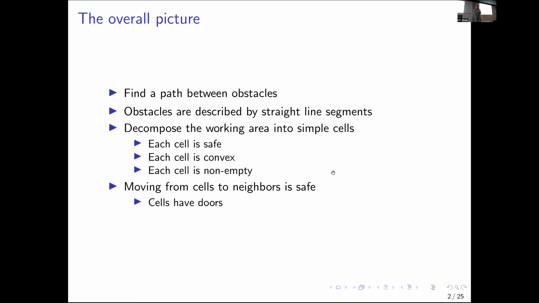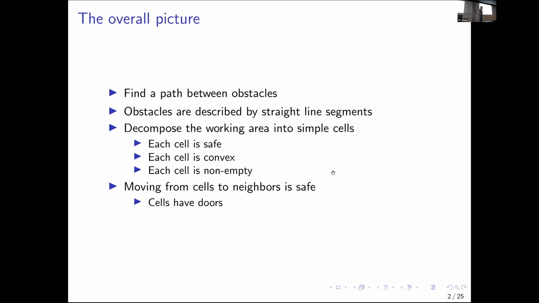You want two sets to be disjoint, the set of points that correspond to the trajectory of the robot and the set of points that corresponds to the obstacles. So I'm going to look at something that looks like a maze. I will have obstacles that are described by straight line segments, and I will want to do trajectories between these segments.